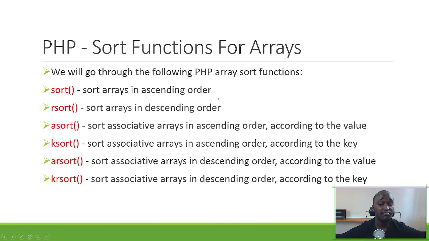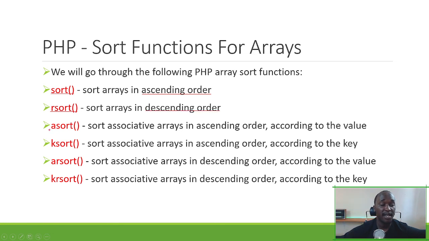Luckily, it's easy to sort them because we have predefined inbuilt PHP functions. The first one is called sort. Sort is used to sort arrays in ascending order using the index. Then we have rsort. So this is the reverse sort. It's used to sort in descending order.